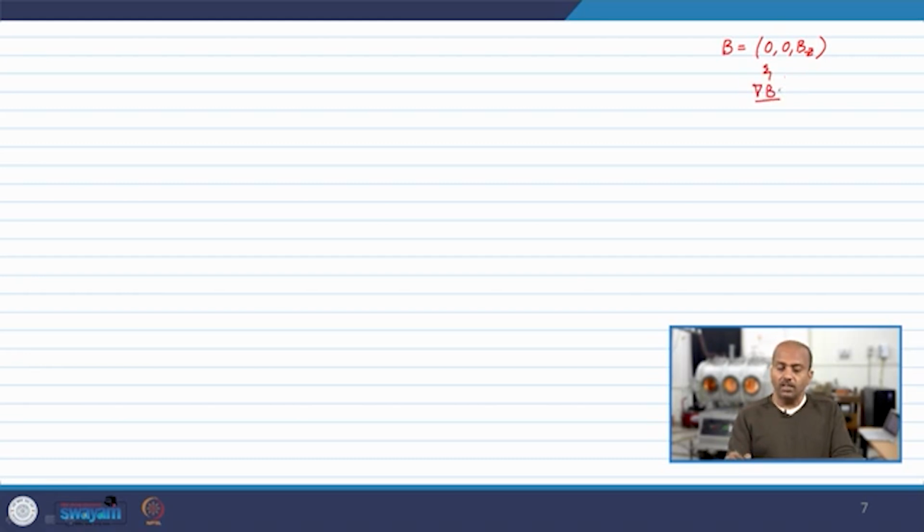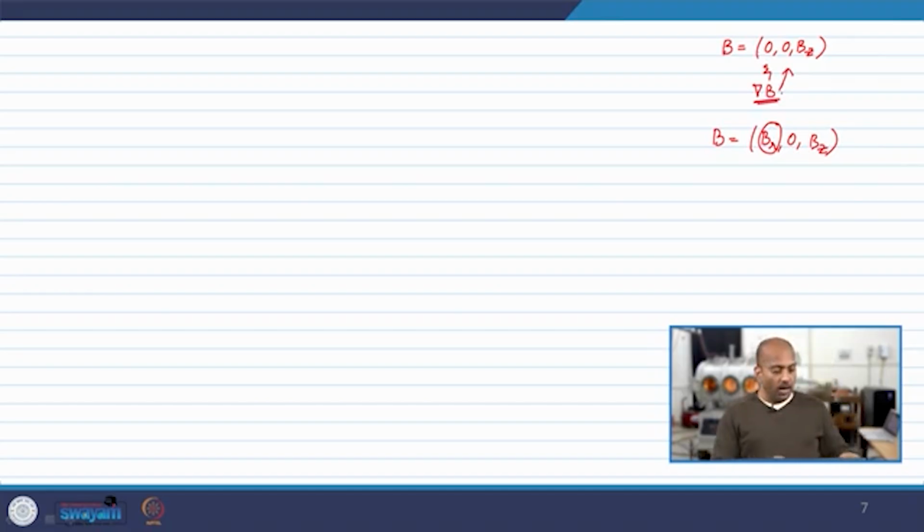Having added this del B into the configuration has now made it (Br, 0, Bz). You see, that is the change that it has got along, right. So, Br is non-zero just because del B exists.